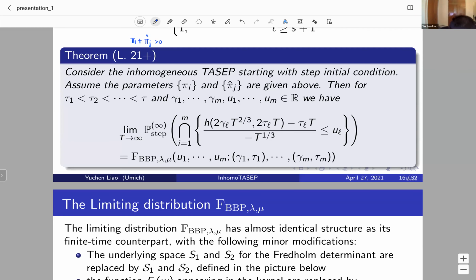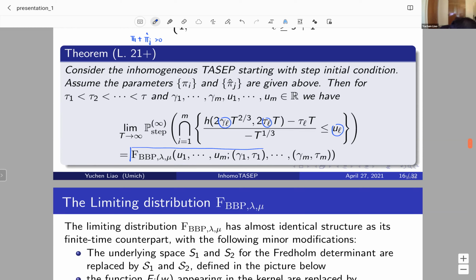So here there are parameters tau, gamma, and u, basically. The tau is the rescaled time parameter, the gamma is the rescaled spatial parameter, and u is the number you plug into your distribution function. So this is some limiting distribution, and it has an almost identical form to its finite-time counterpart.